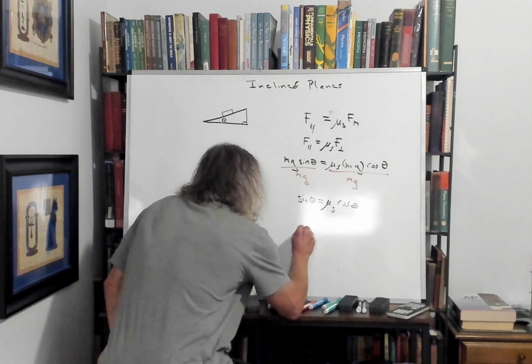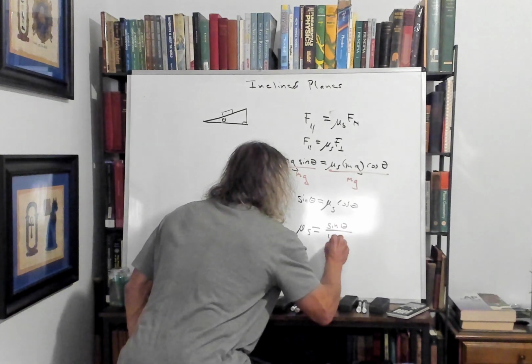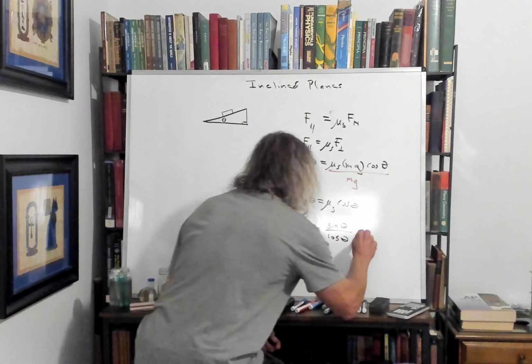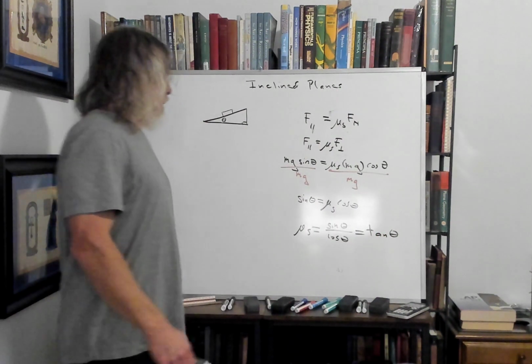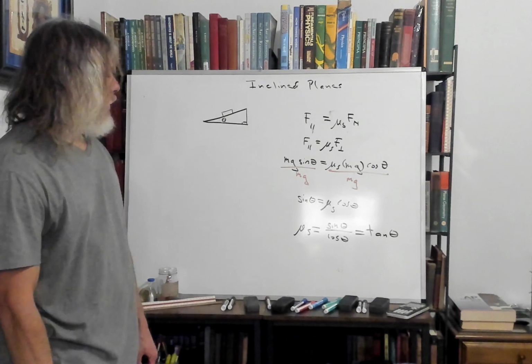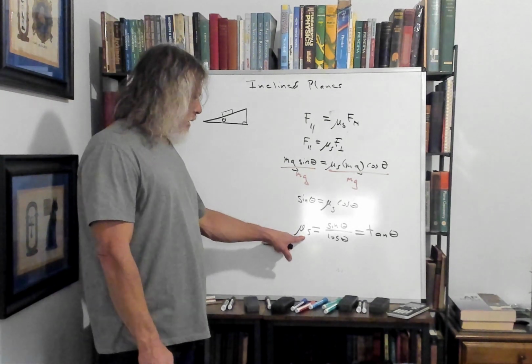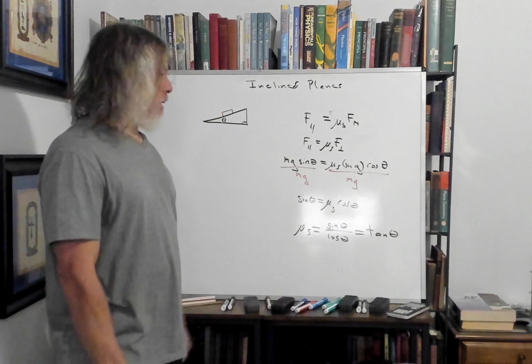Dividing, sine theta over cosine theta is just tangent theta. So in this context, with our mathematical derivation, we can see that the numerical value of the coefficient of static friction is the tangent theta of the angle.